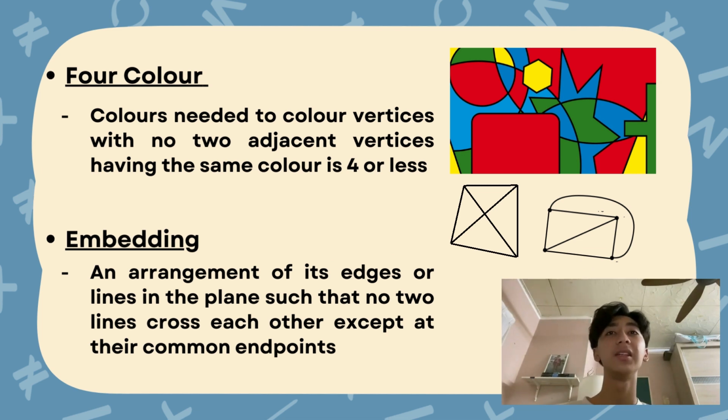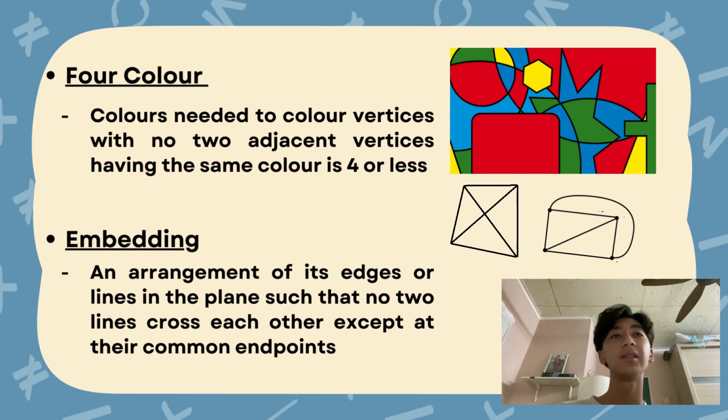And the last one is embedding. Embedding is an arrangement of the edges or lines in the plane such that no 2 lines cross each other except at their common endpoints. Embedding can be called the alternative way that we can draw the lines so that they do not cross each other.